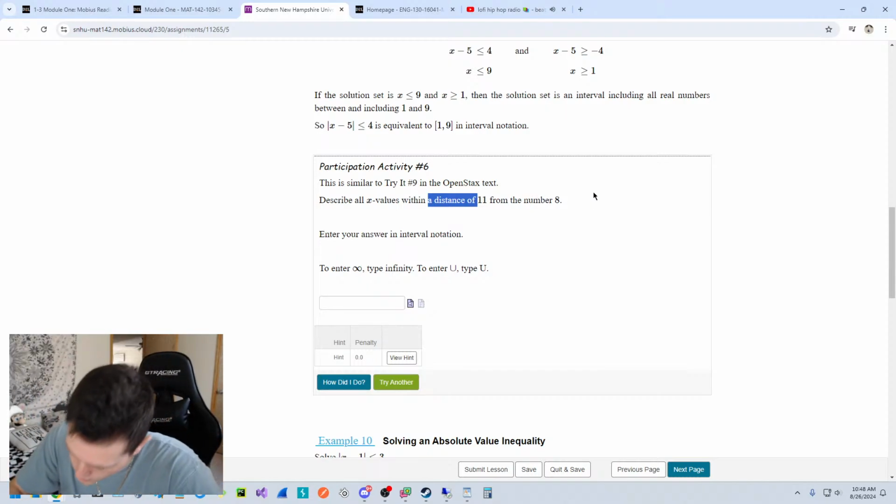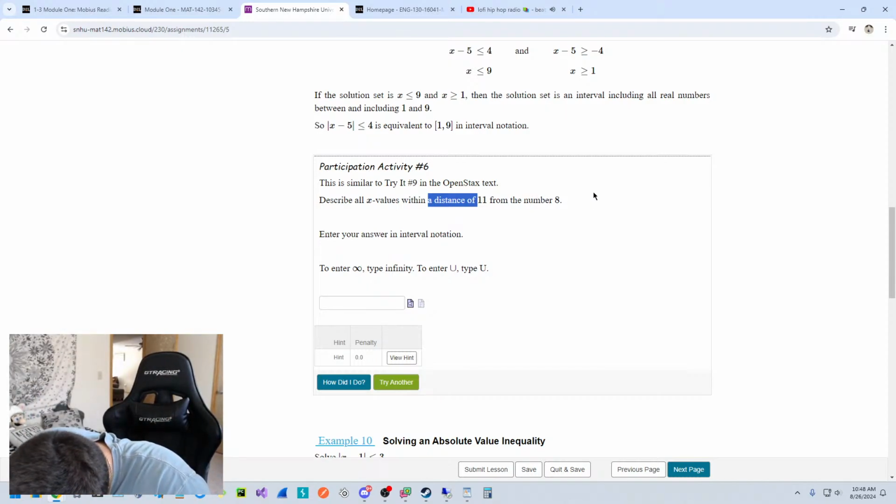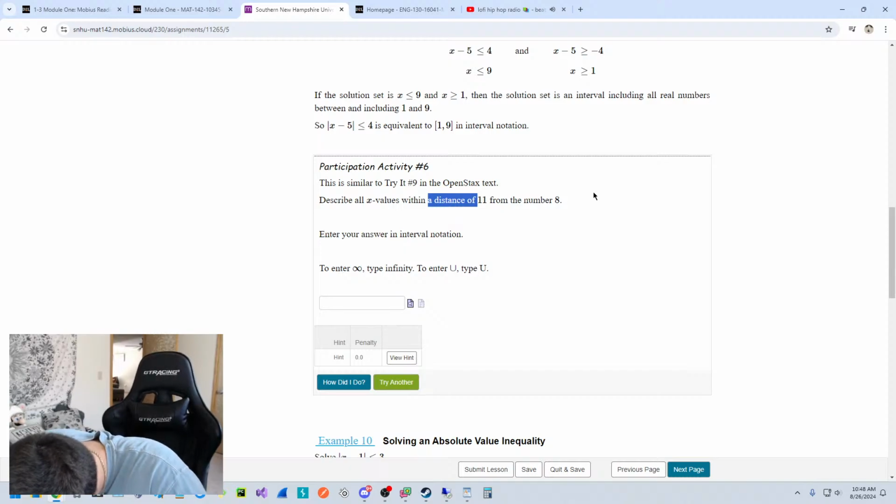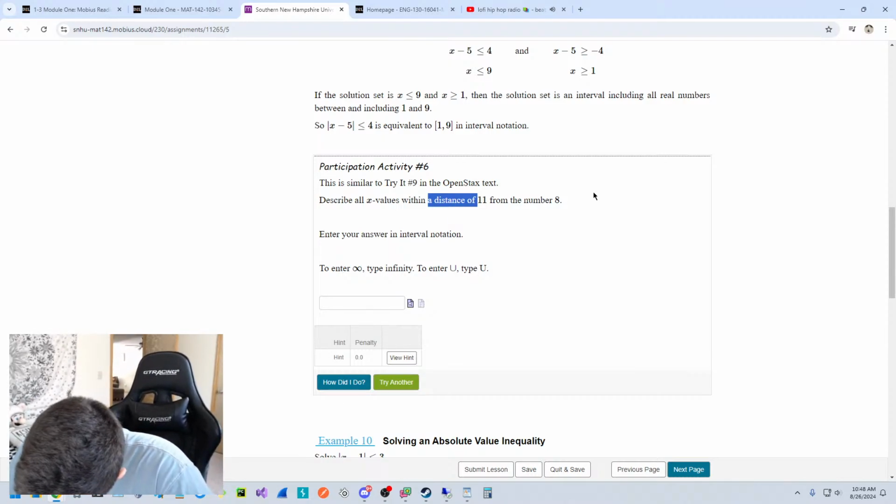So really, it would be x minus 8 is less than or equal to 11. Then we do the same thing, but greater than or equal to.